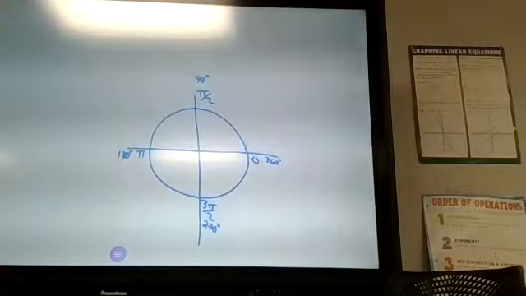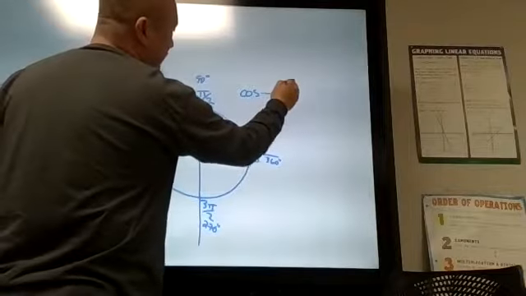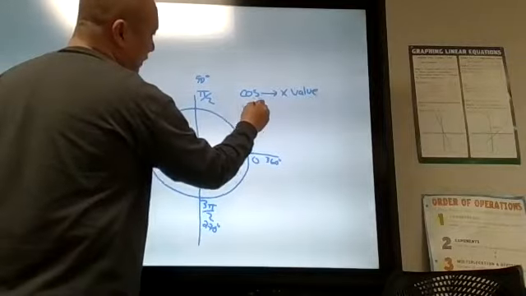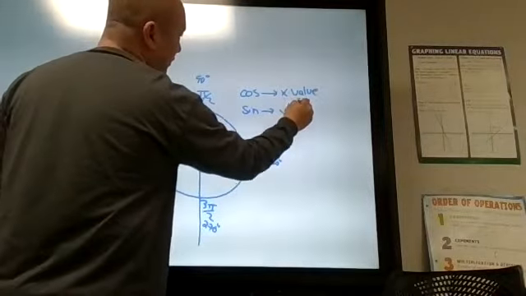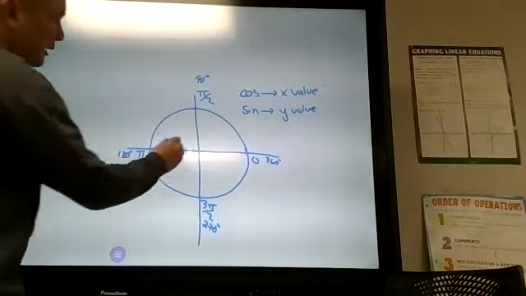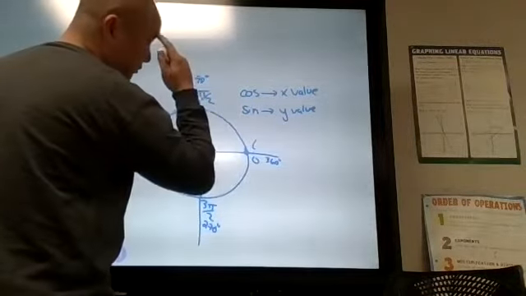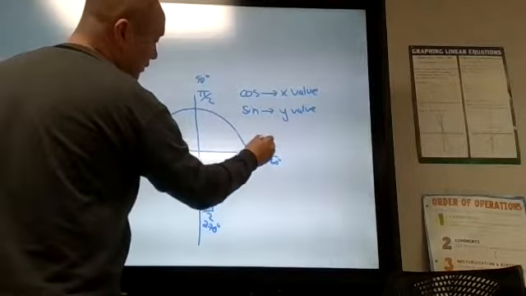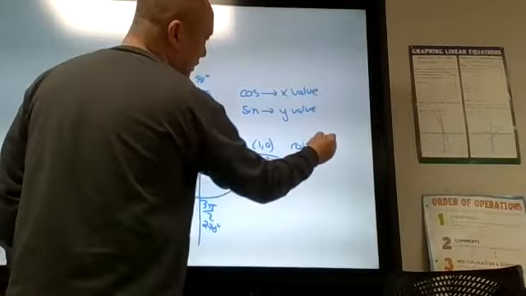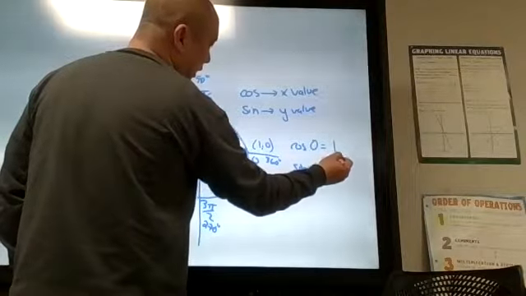All right? So now remember that cosine of something deals with the x value, all right? And the sine of an angle deals with the y value. All right, so right now, this point right here is 1, 0. So if we say the cosine of 0 degrees is equal to 1, and the sine of 0 is equal to 0.